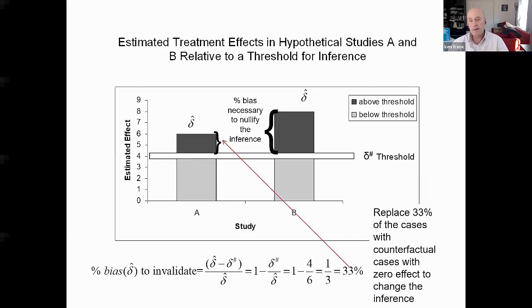And I'll come back to this, and we'll just go to this graphic, the same graphic we had before. This study A, a third of the estimate would have to be due to bias to change the inference. But now we have different language for it. We say you'd have to replace 33% of the cases with counterfactual cases with 0 effect to change the inference. So we've made it much more concrete. Rather than just talking purely in terms of bias, we've talked in terms of how the data would have to change your mind.